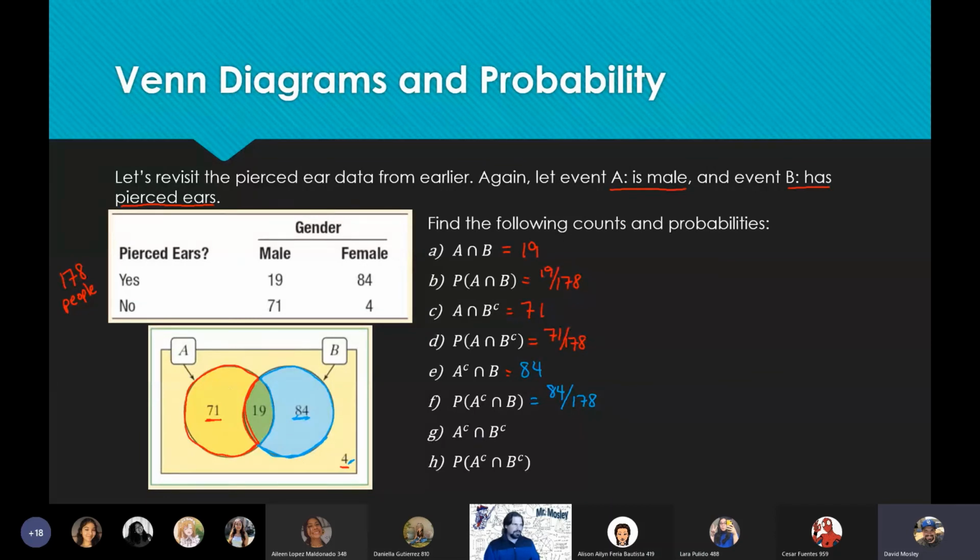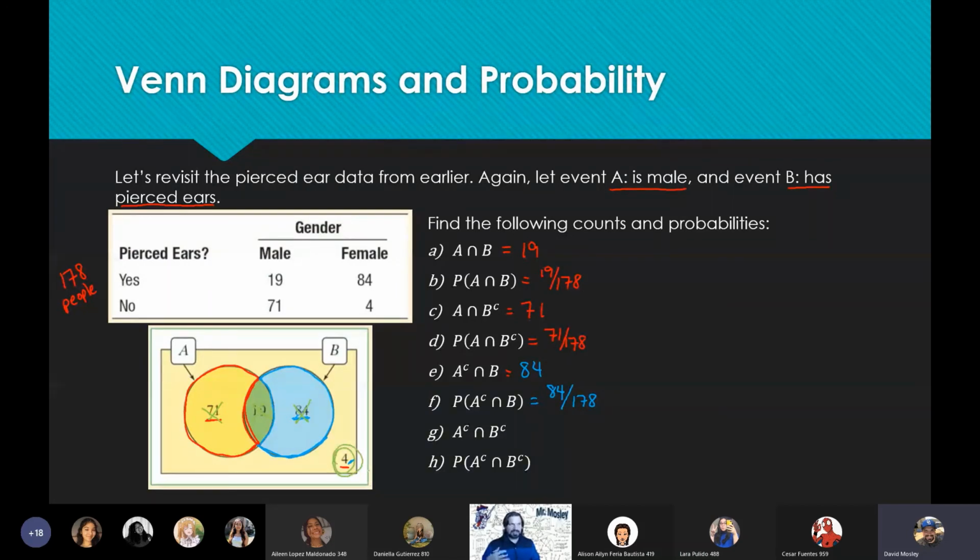The 71 is not in B, but it's in A, so I can't use that. 19 is in both, so it can't be used. And the 84 is not in A, but it's in B, so I can't use that. That leaves just the 4.